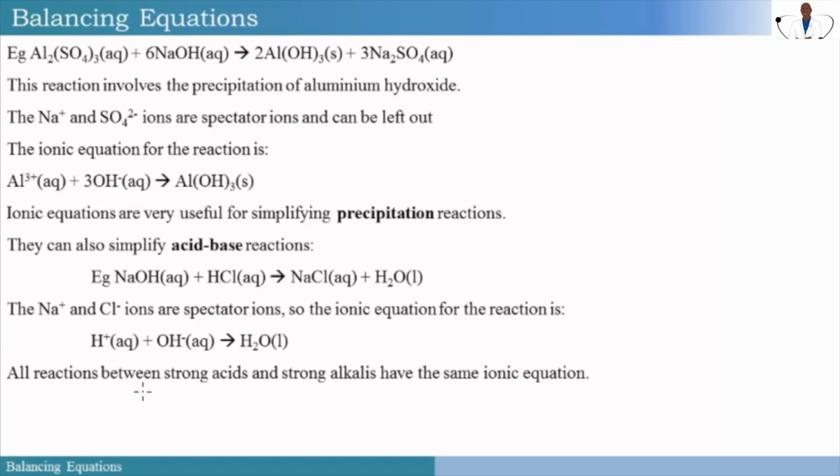So all reactions between strong acids and strong alkalis will have the same ionic equation. Remember, all carbonates reacting with acids will have the same ionic equation. So in the exam, if they ask you to write the ionic equation for any acid with any carbonate, you simply write 2H+ plus CO3 2- to produce carbon dioxide and water.